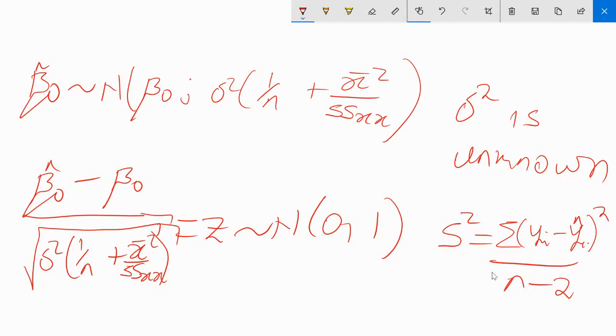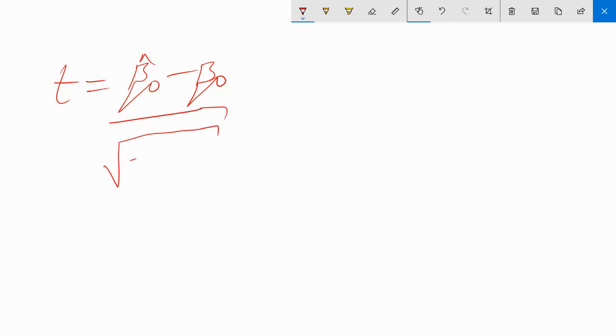If you recall in first year, we have been preaching: is sigma known? If yes, go for Z. If no, go for T. So it's the same thing here. Sigma is not known, and because sigma is not known, we are going for T. So we have T, which is equal to beta 0 hat minus beta 0, now we replace sigma by S, and you know the formula for S, I've provided you with that.